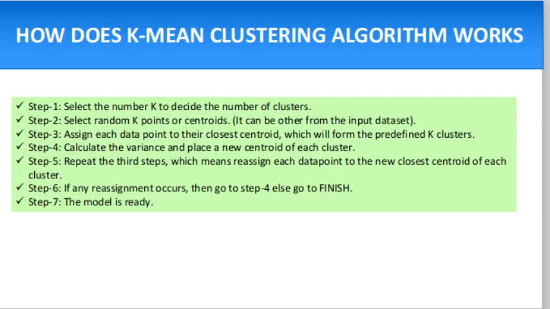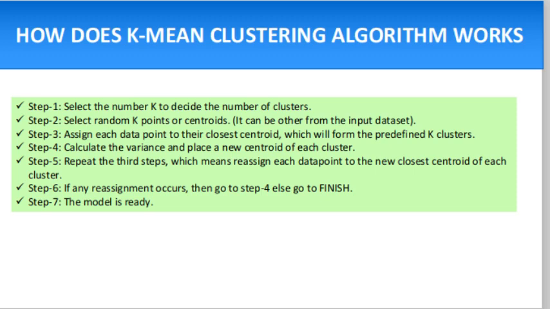Okay, now how does the k-means algorithm actually work? There are basically 7 steps, friends. First step is to select the number k to decide the number of clusters. Select random k points or centroids. They can be other than the input data set. Assign each data point to its closest centroid, which will form the predefined k clusters.